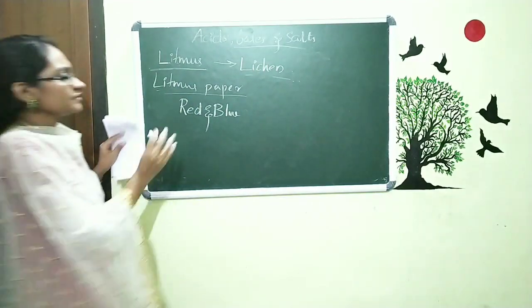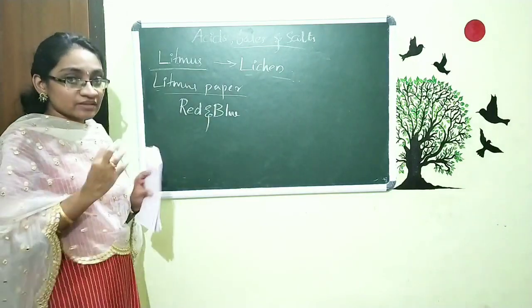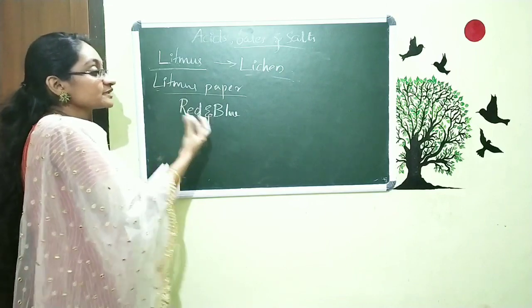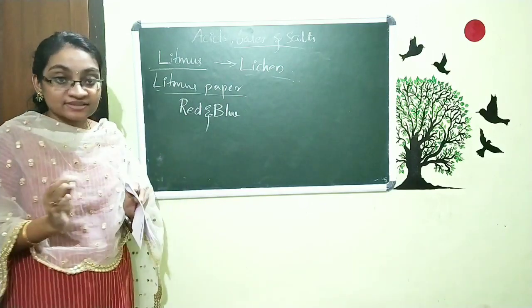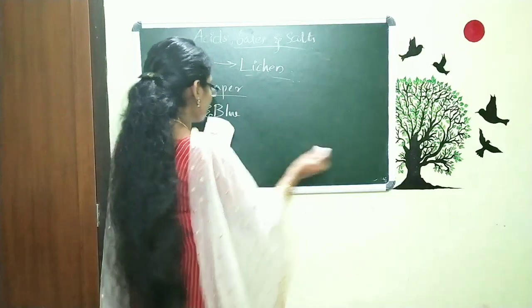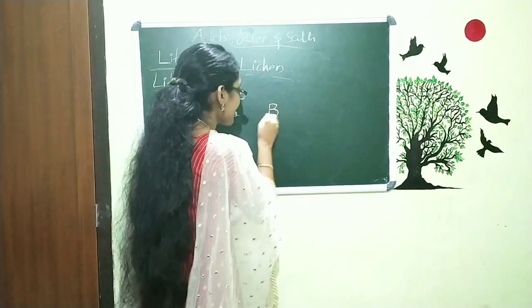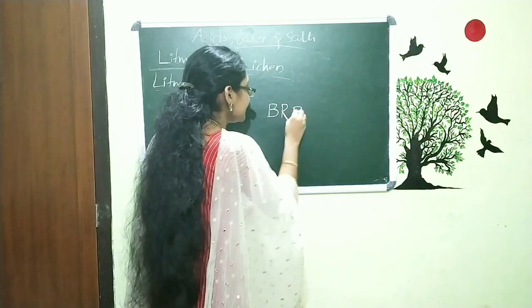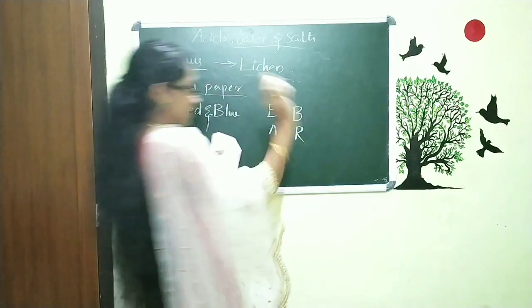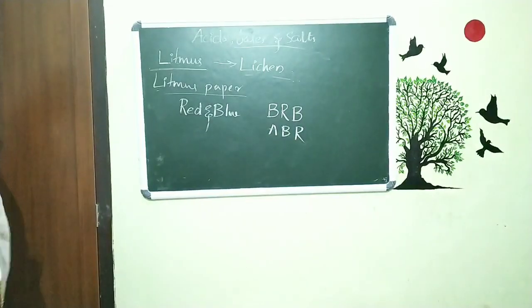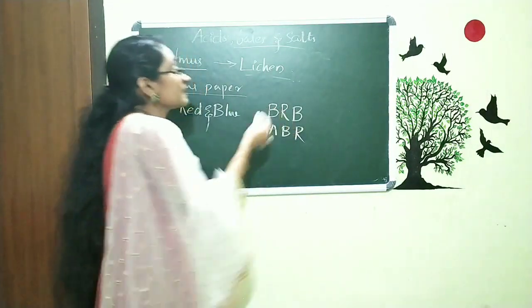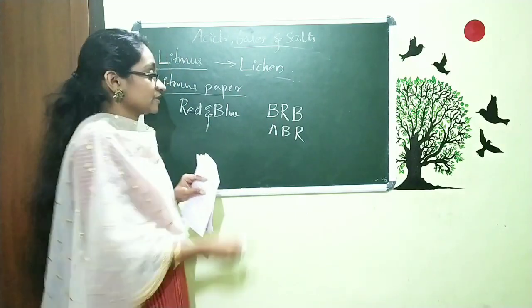You are always getting confused with the color change of red and blue litmus paper with acid and base. So I am giving you one code to remember: B, R, B and A, B, R. When you remember this code, you will easily identify the conversion of the color.